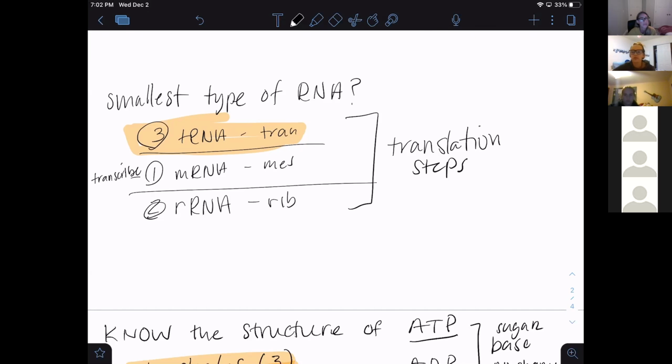Is it just that every fourth group is hydrogen bonded together, and that's what makes the right-handed corkscrew? Okay, so if he were to ask you certain characteristics of an alpha helix, or say which one of them is not a characteristic of an alpha helix, do you know enough about the alpha helix to be able to identify something that's not a characteristic of it?